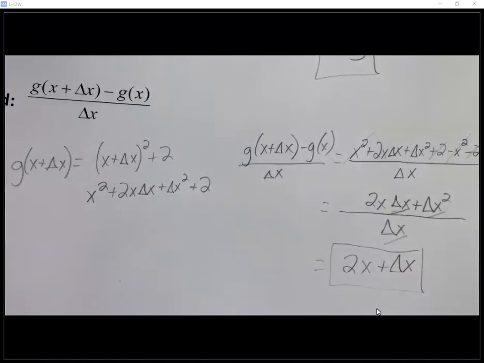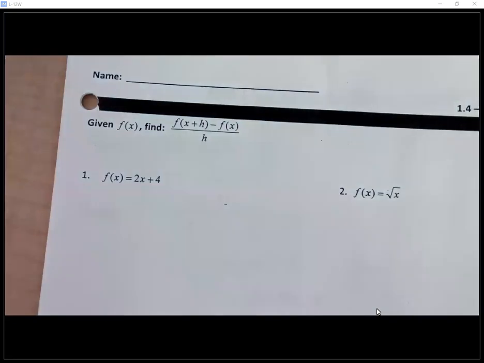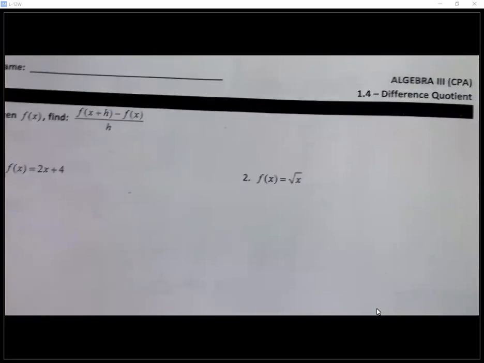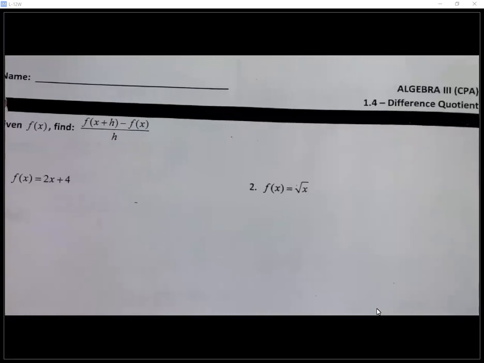All right, so let's take a look at the other sheet that I gave you. Okay, let's do one like number 2 together. How about that? Let me give you a minute to try it, and then we'll sort of do it out together.